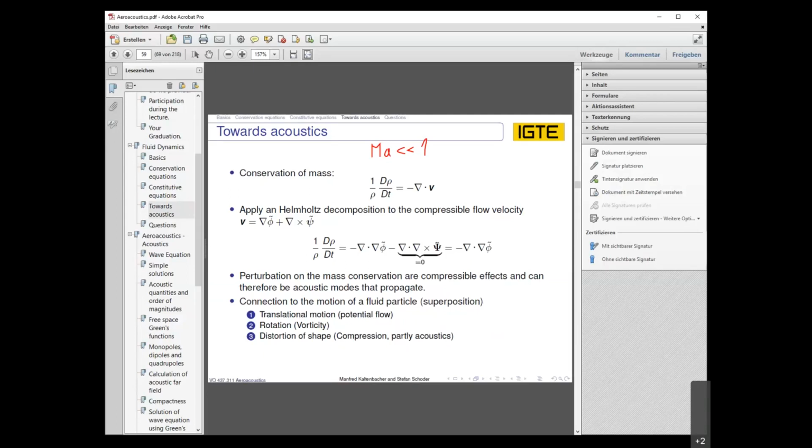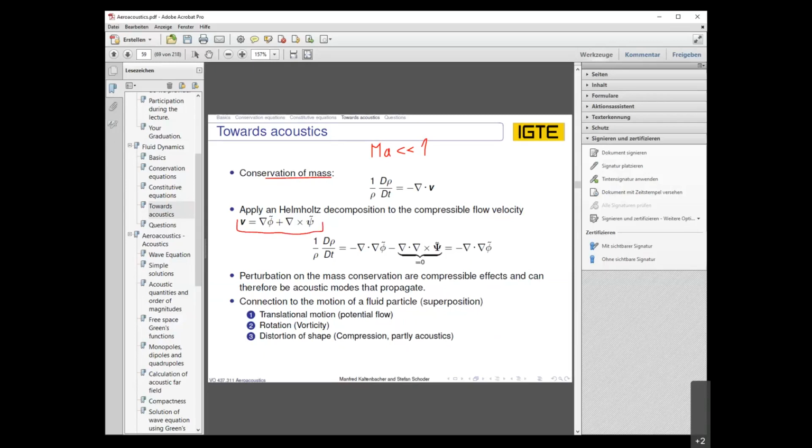So for low Mach numbers, with conservation of mass, we can rewrite the conservation of mass in this representation, and also apply Helmholtz decomposition on the velocity field.